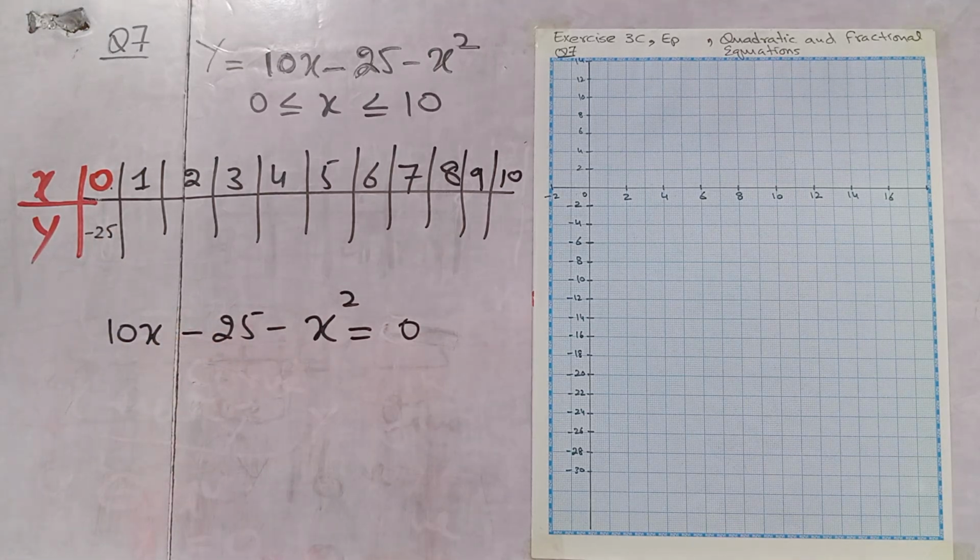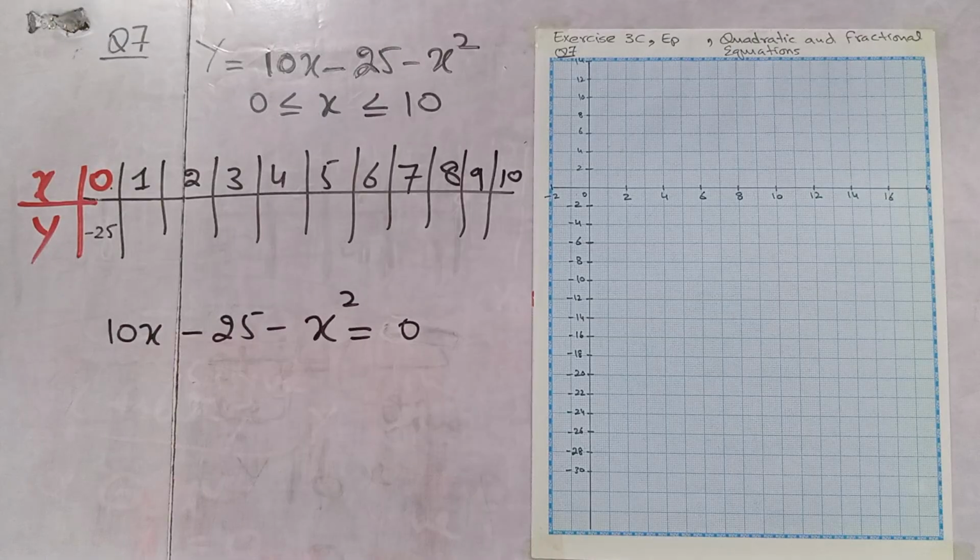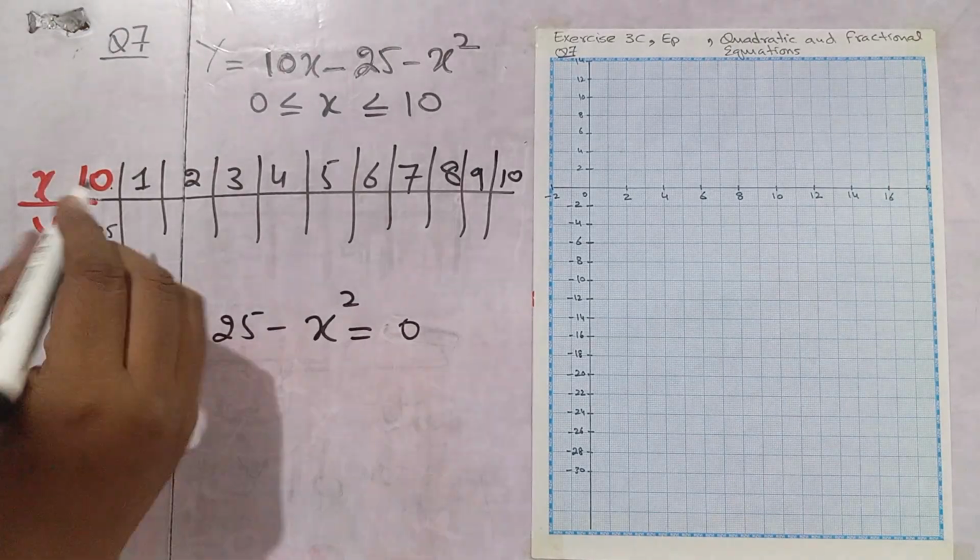Now we will substitute 1 in that equation in the place of x. So 10 multiply 1 minus 25 minus 1 square, and that gives you minus 16. Okay, so here I will write minus 16.